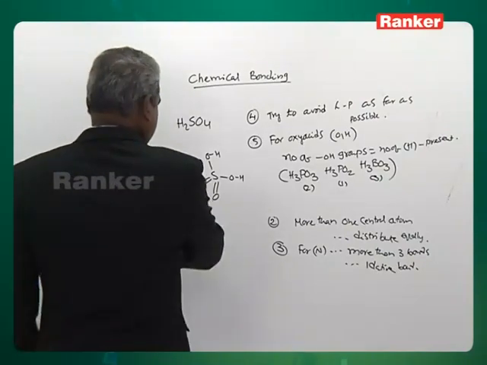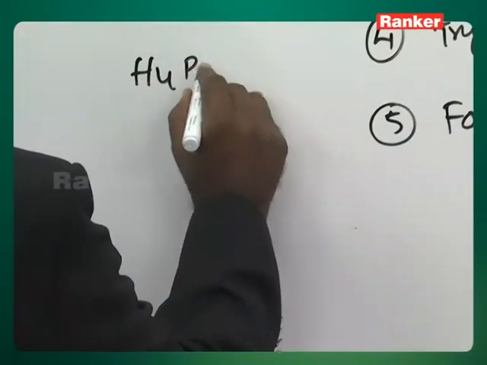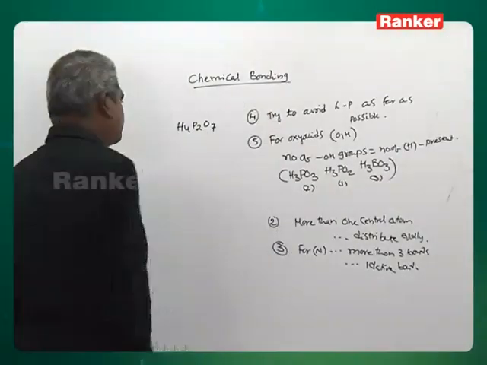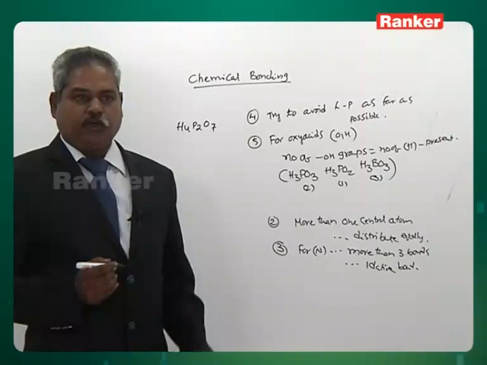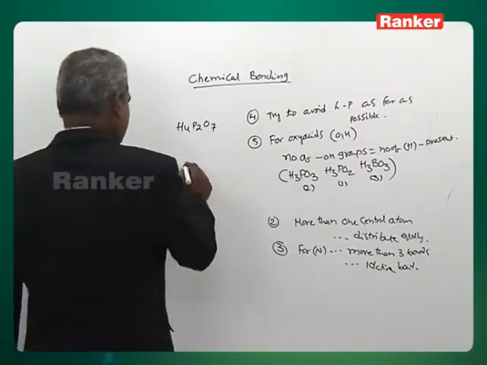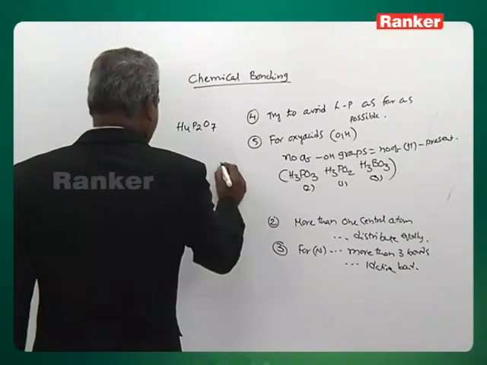Now, H4P2O7. What is that you should notice? There are 2 phosphorus atoms, 2 central atoms. How many OH groups are there?